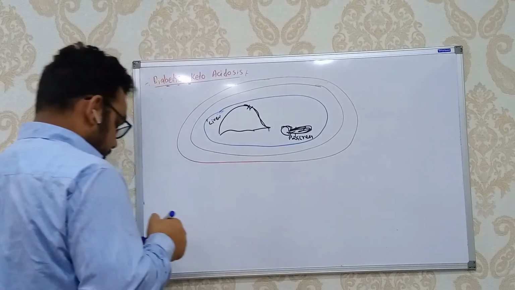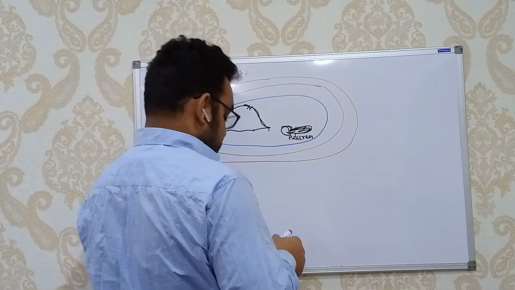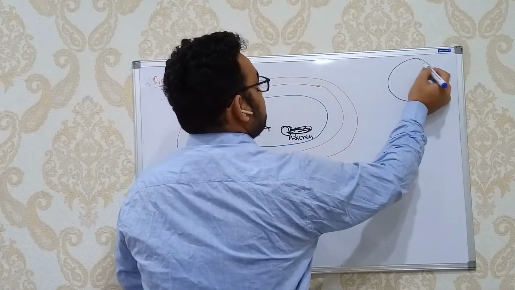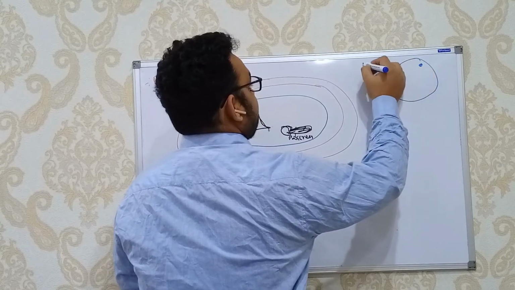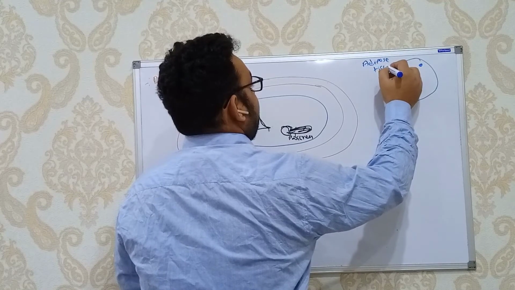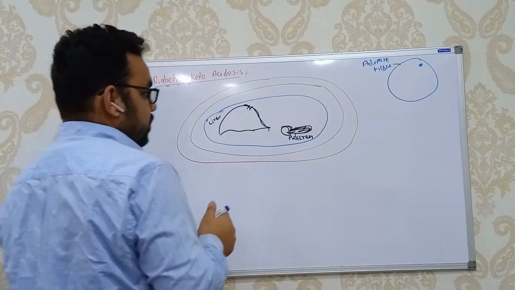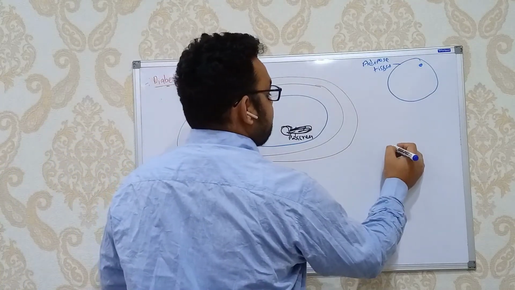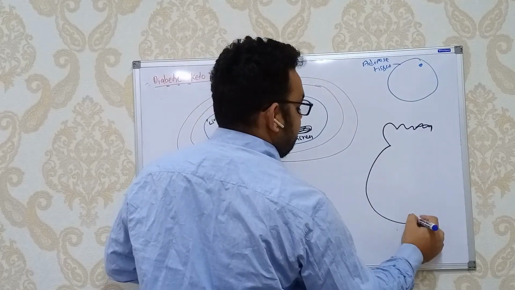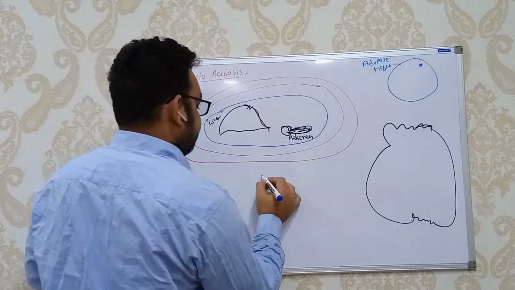Okay. And what type of organs are involved here? We need to know about them. For that, I will draw. Let's suppose the adipose tissue. Then I will want to draw muscles. Then I need to draw nephron parts.